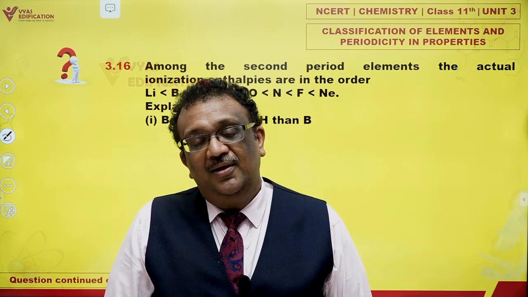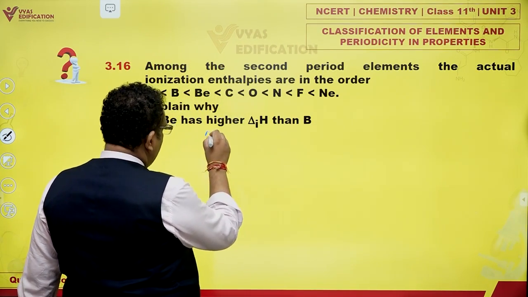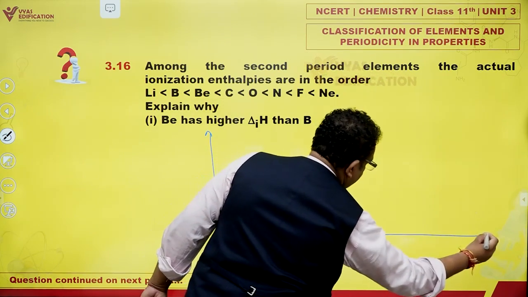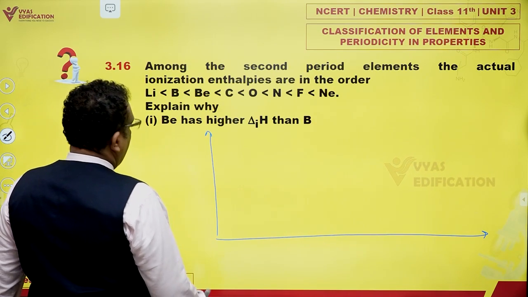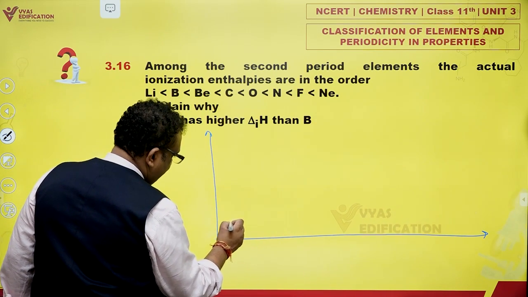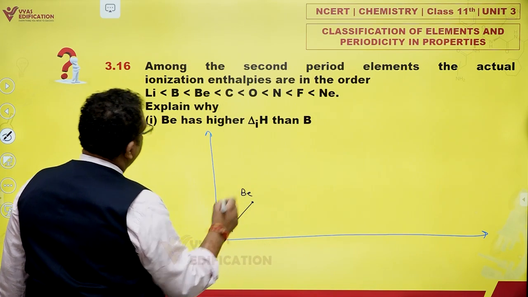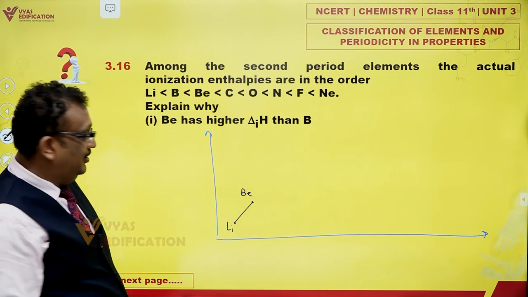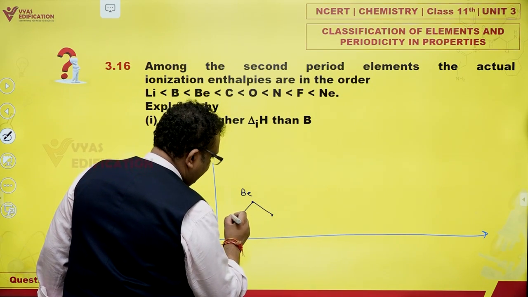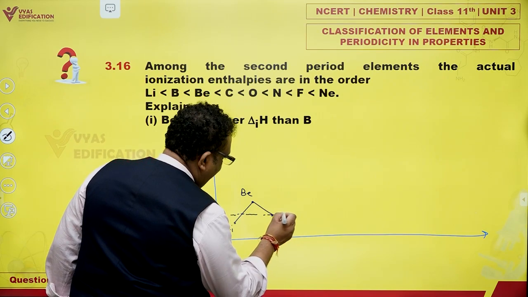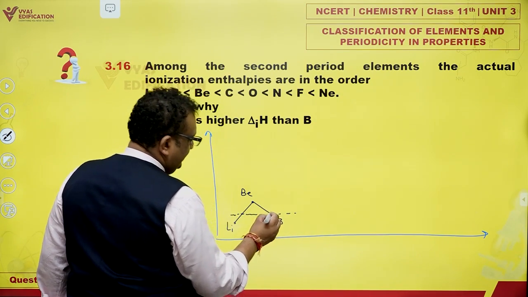No. There are slight differences, like this is the trend. Let me draw this for you. If you take lithium, fine, and beryllium goes up. Interestingly, boron doesn't go up, it comes down. But please remember, when it comes down, it does not fall below lithium, it is slightly lesser.